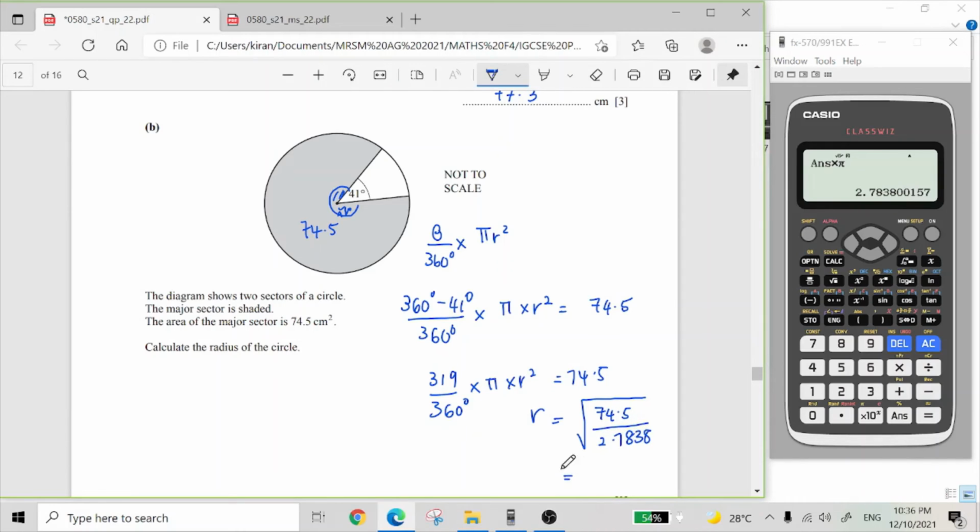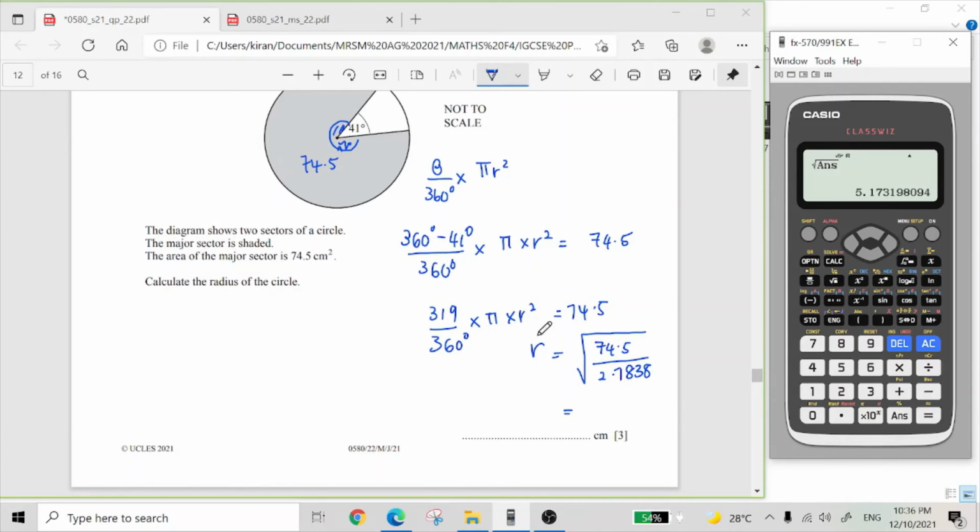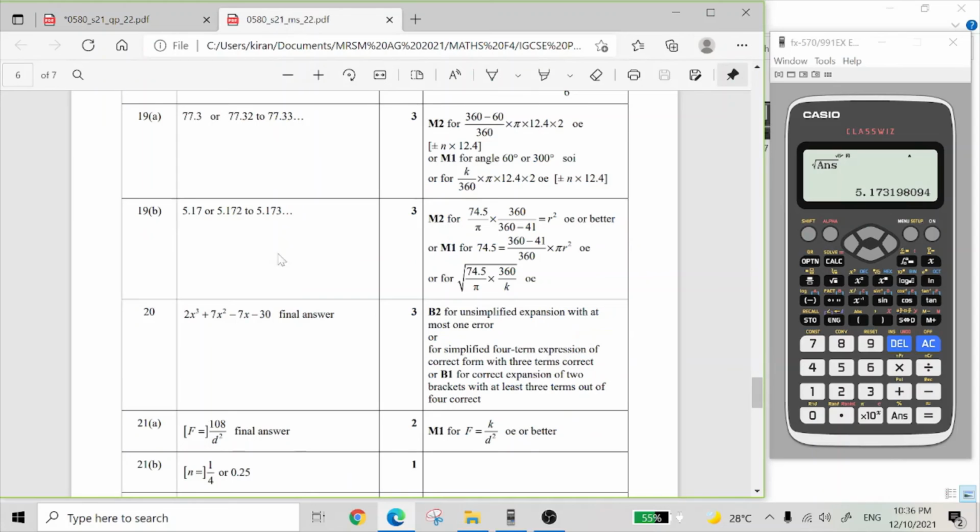So to make it more accurate, you just take the 74.5 and divide with the answer, which means refer to the previous answer. And then we get this one and take the square root and answer. Yes, that is 5.173132. Since we want 3 significant figure, we just take 5.17. That is the answer.